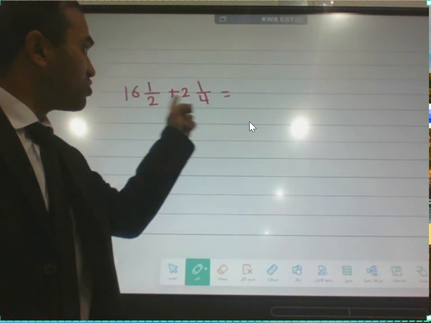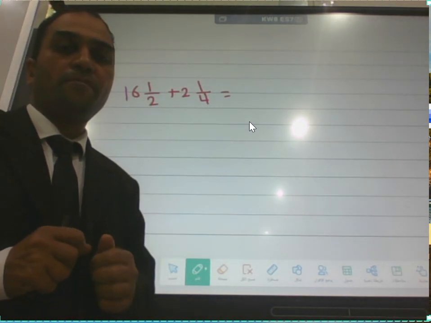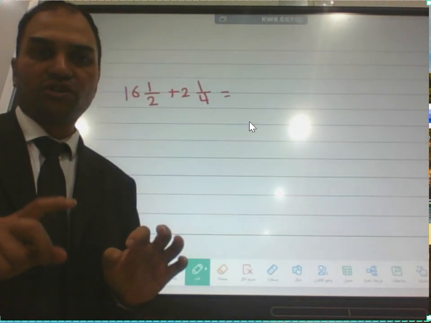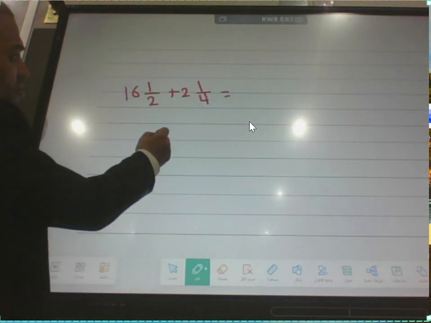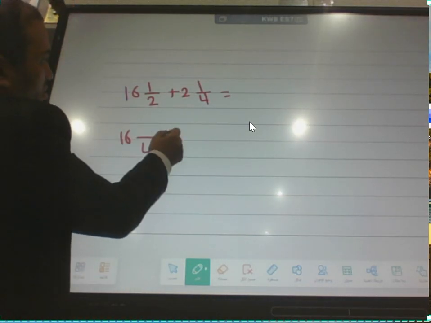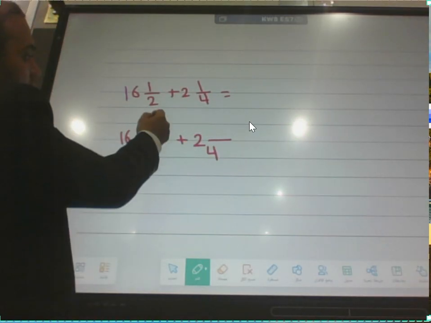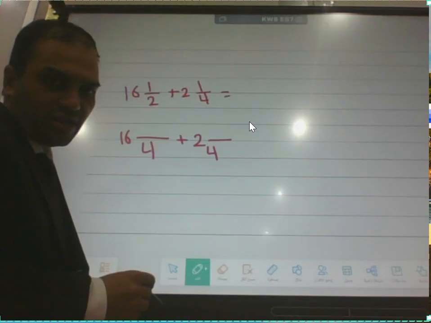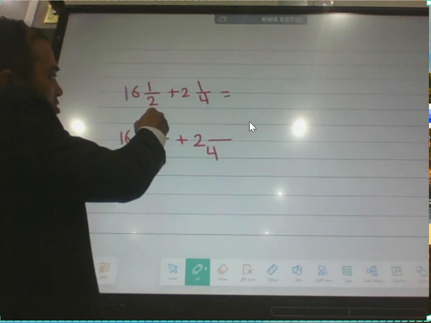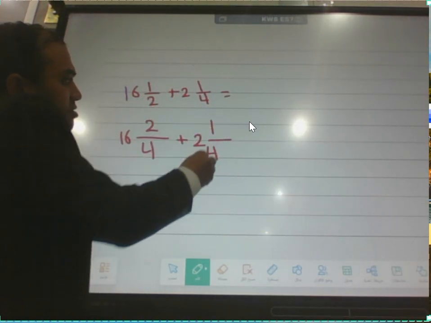Can 4 be divided by 2 or not? Yes, 4 can be divided by 2. Then 4 is the least common multiple of the two denominators. We can write 4 here, now, and here 16, and also write 2, and here 4. 2 times 2 equals 4, okay? Then 1 times 2 equals 2. Next step, 4 here, multiply.